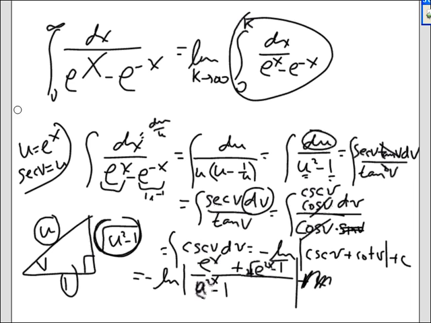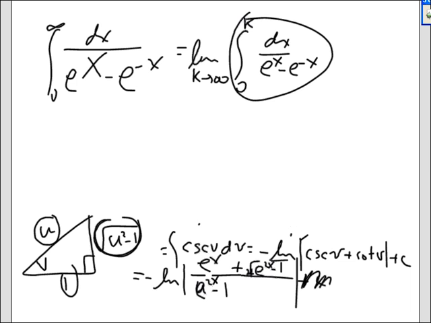Okay, so I erased most of this, at least the middle part. It's called magic. And what I get is the limit as k goes to infinity of this, which has a minus in front.